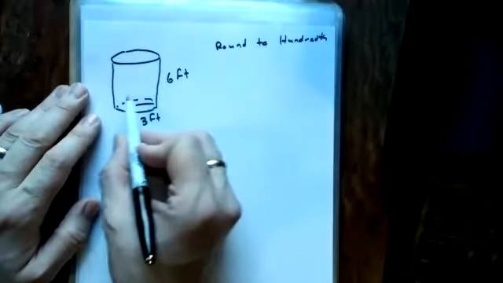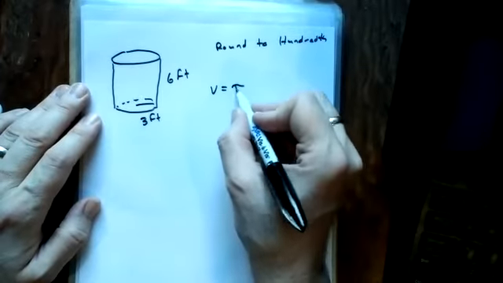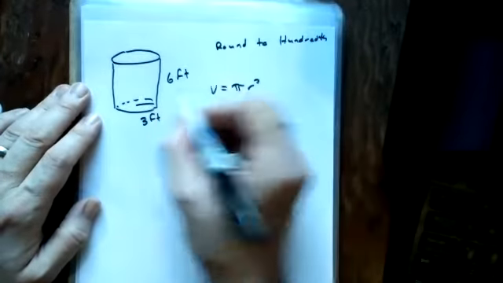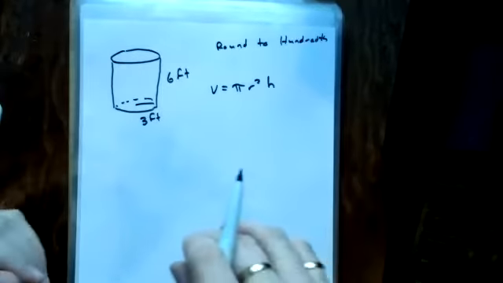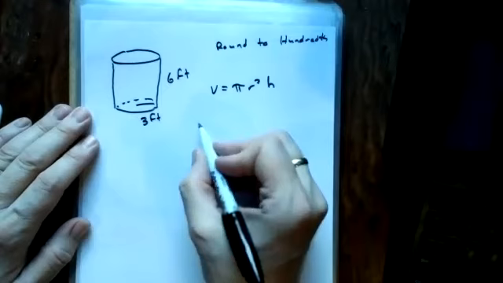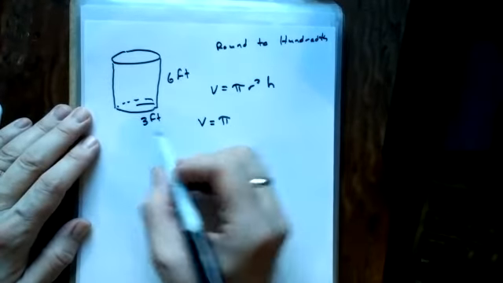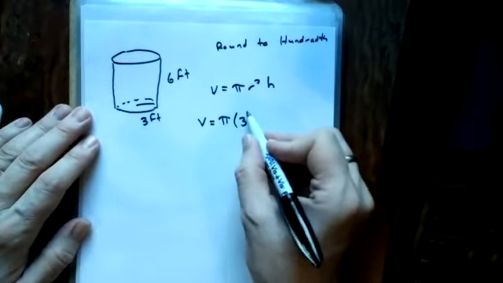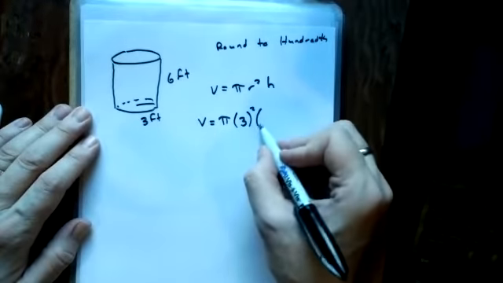So again, the area of that base is pi times our radius squared, and then times our height. And what we're going to do is plug this in, and our order of operations just follows us. So here, this is going to be pi times our radius, which is 3 squared, and then times our height, which is 6.